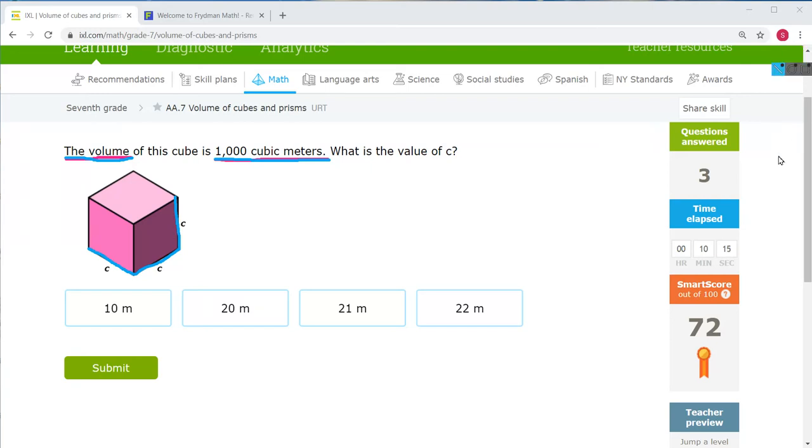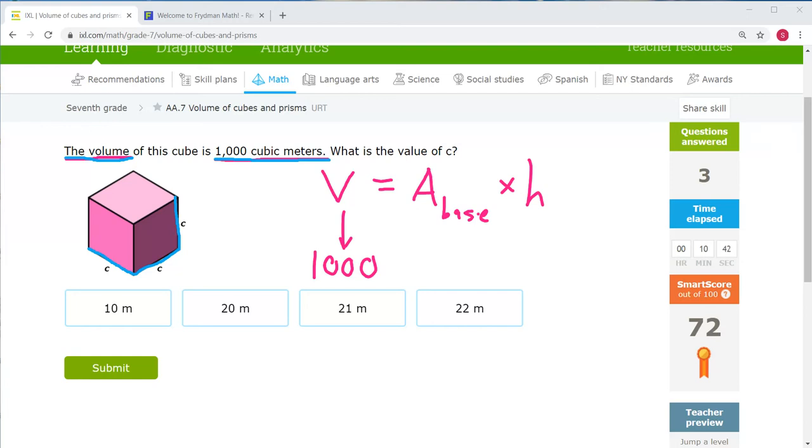So let's go ahead and write our volume formula for a prism. We have that the volume is equal to the area of the base times the height. Now in this case, we are told that the volume is 1,000 cubic meters.